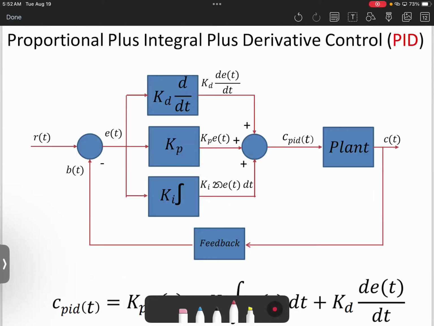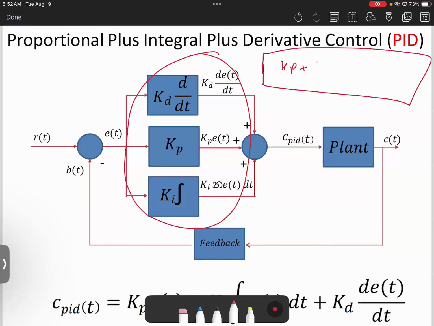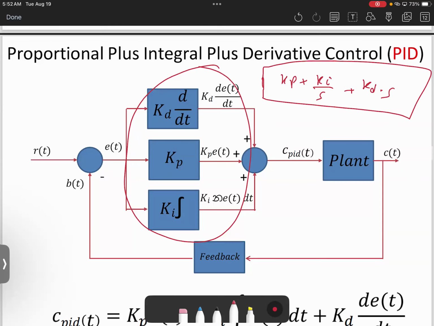The transfer function of the PID controller can be replaced by a small box: KP plus KI over S plus KD times S. Sometimes we denote it G of S of the PID controller. This is the transfer function.